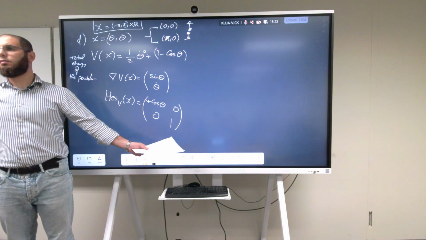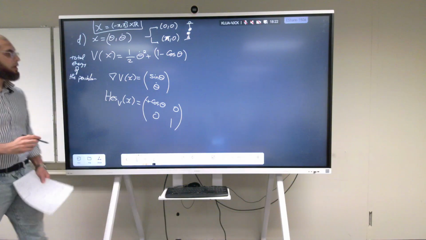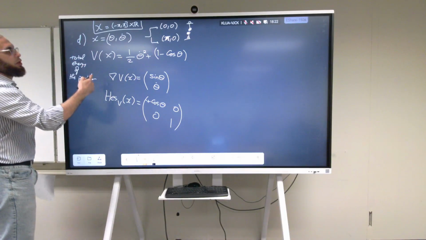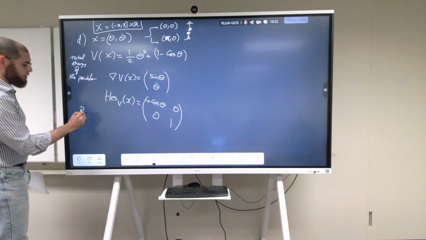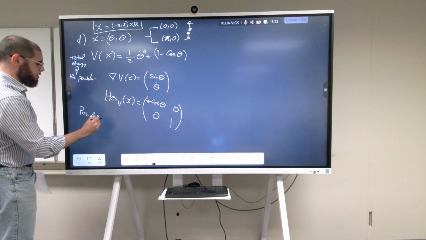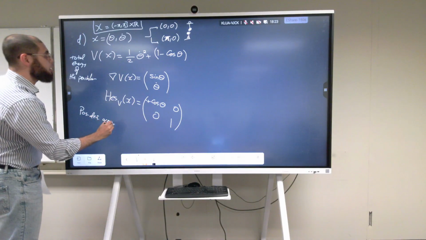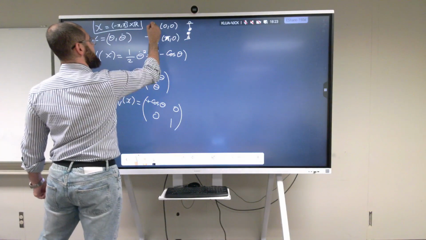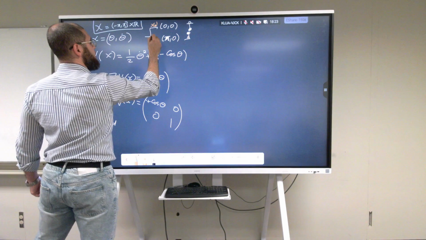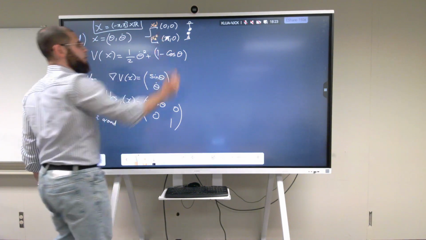Is that correct even? So, in other words, if I use this function to evaluate the equilibrium, the positive definiteness, let's call this x star 1, and this is x star 2, because it has 2 equilibrium points.